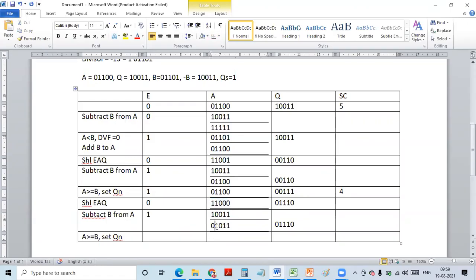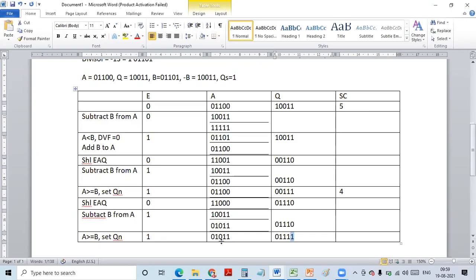So the subtraction is true, we can perform the subtraction, and you have to set your Q. Keeping everything the same, 1 is in E, 0 1 0 1 1 in A, Q is 0 1 1 1, and Qn should be 1.